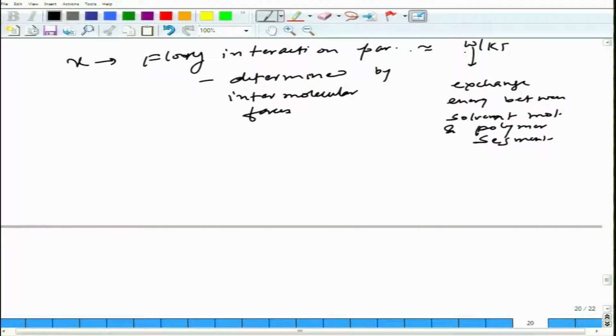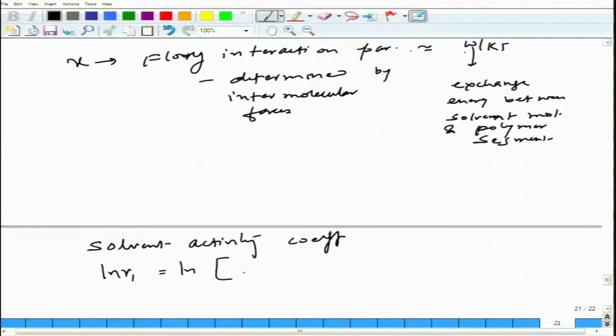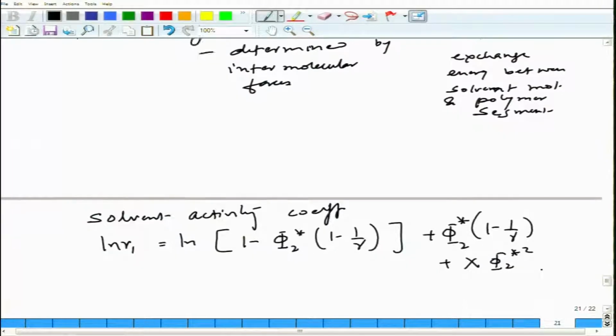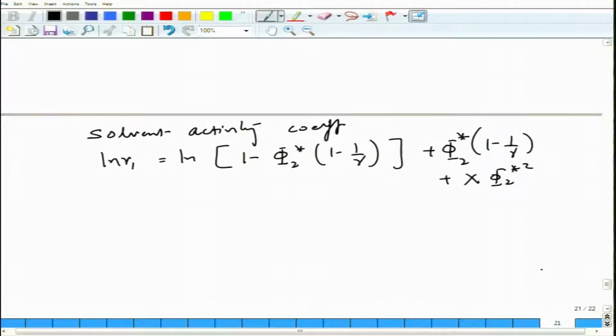So I'm going to write down the solvent activity coefficient in this case. ln gamma 1 is ln of 1 minus phi 2 star, times 1 minus 1 by r, plus phi 2 star, plus chi phi 2 star squared. So this is the solvent activity coefficient.